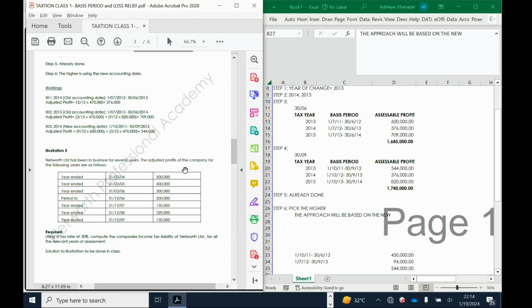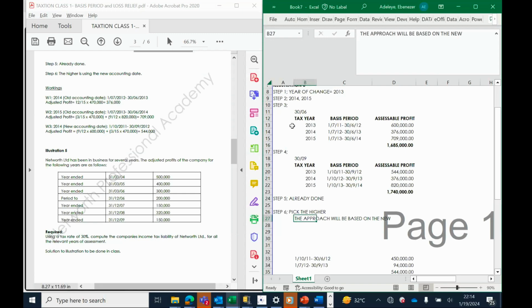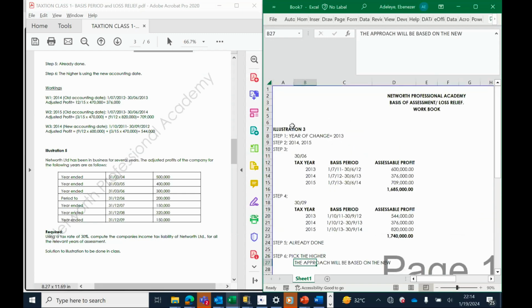Okay. So basically, let's clean all of this. Thank you so much for that. Let's clean all of this and start them there and there. So, Alamide, your work is not over. What is the year of change here?